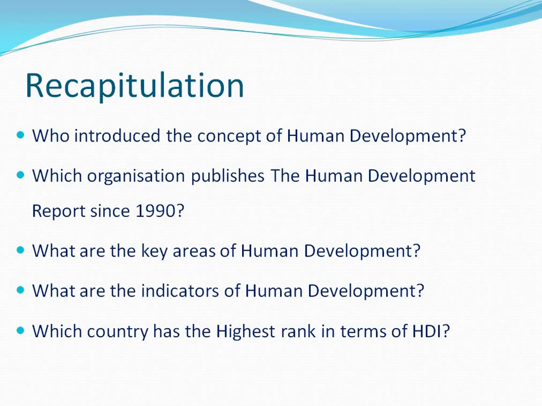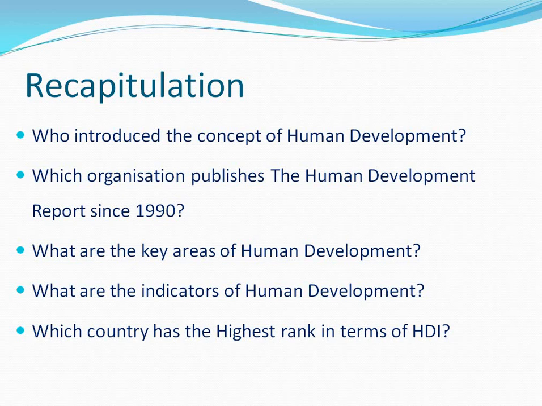Now some questions for you. Who introduced the concept of human development? Dr. Mahbubul Haq, right? Which organization publishes the Human Development Report since 1990? UNDP, United Nations Development Programme. What are the key areas of human development?